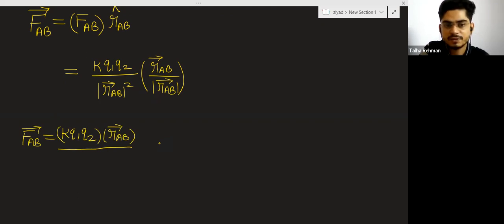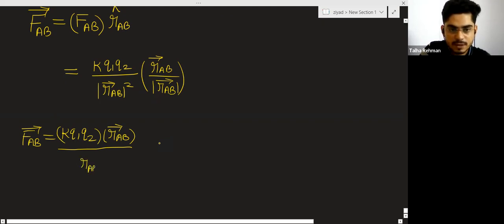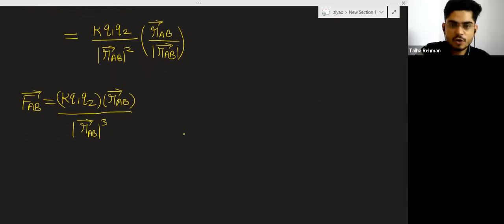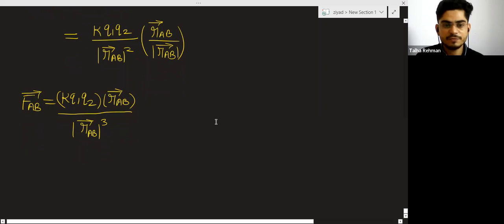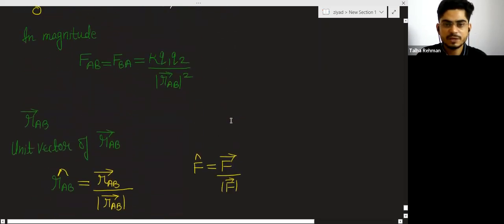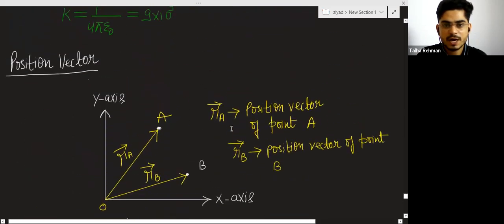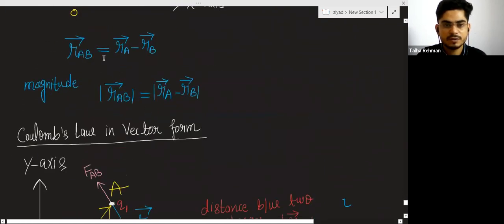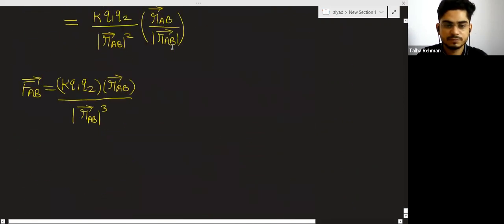This is r_AB magnitude square, and when you multiply this with this, you will get r_AB vector and the cube of this. And I have already told you, for r_AB you can write r_A vector minus r_B vector.